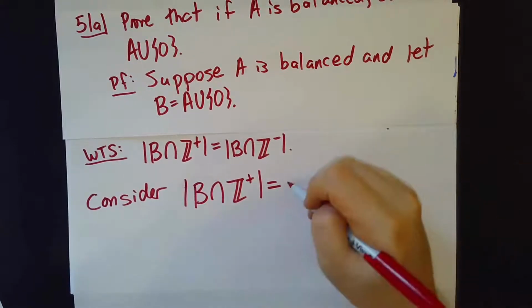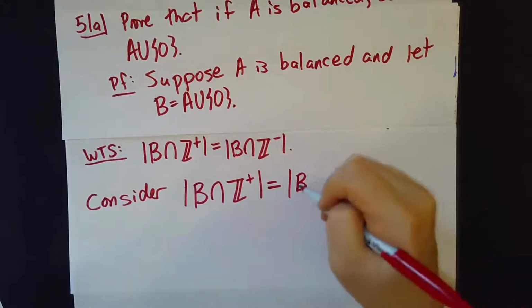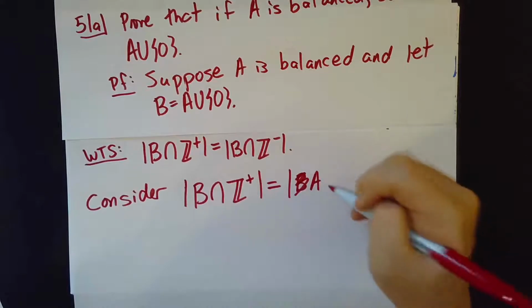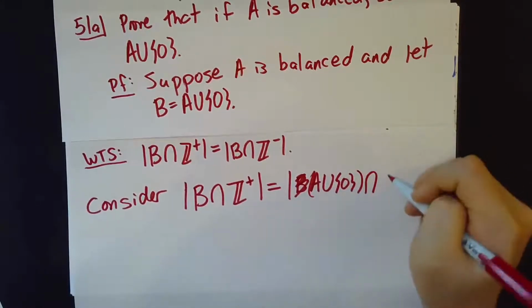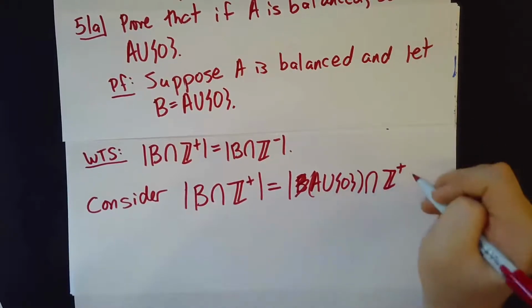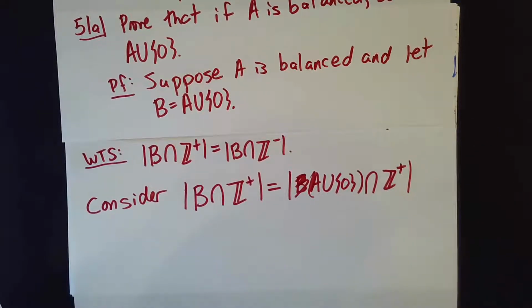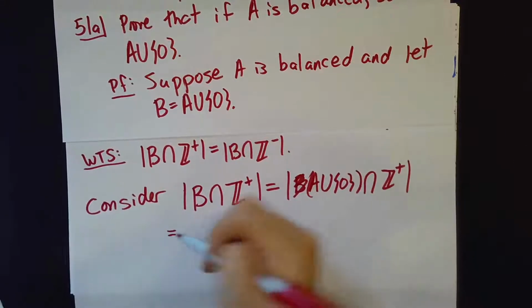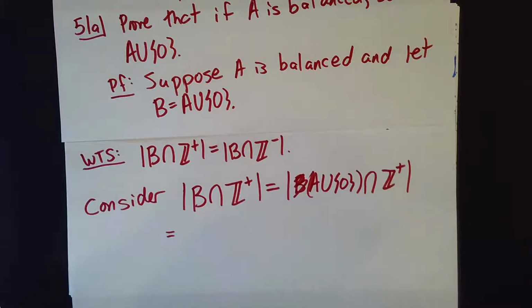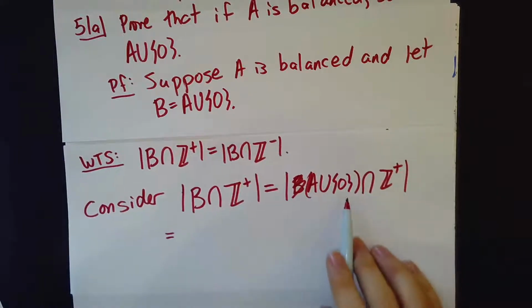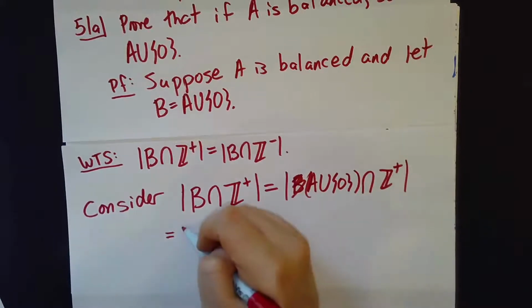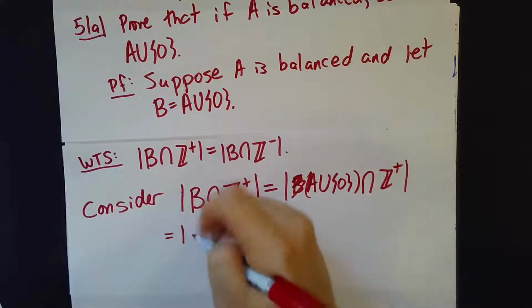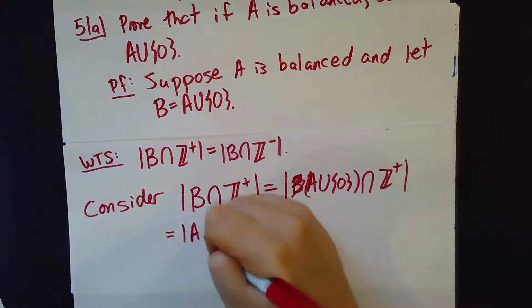This is, in fact, the same as the size of (A union {0}) intersect Z plus. And so it's worth noting 0 is not in Z plus. So this intersection is, in fact, the same as A intersect Z plus.